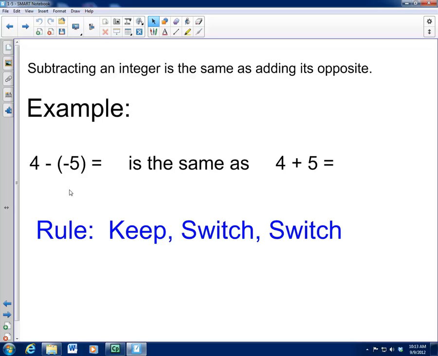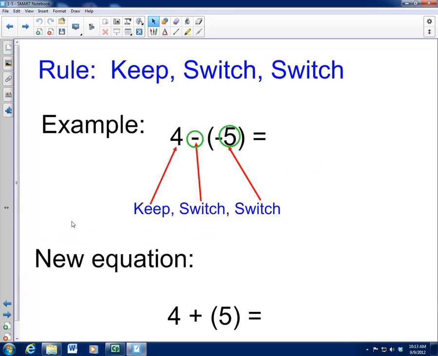Now, I'll show you exactly what I mean by that here on the next slide. Okay, like I said, the rule we're going to use is going to be keep, switch, switch. And the example I have for you is that same example we were just looking at, 4 minus -5. Now, what we're going to do is we're going to keep that first number the same.